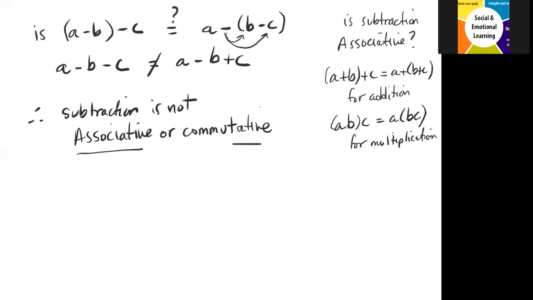So it doesn't follow the same rules that we were talking about last week. But one way that we can work with subtraction to make it associative and commutative is to turn all the negatives into positives.